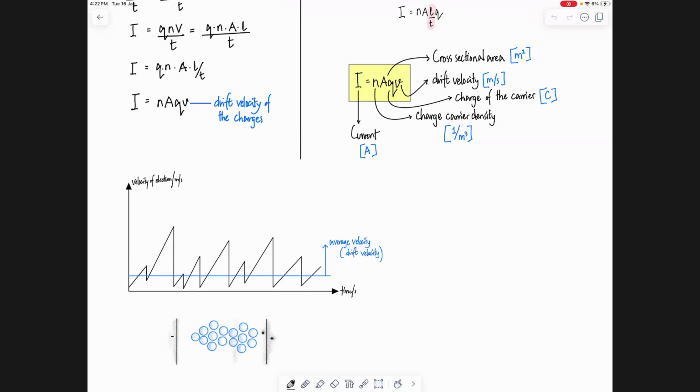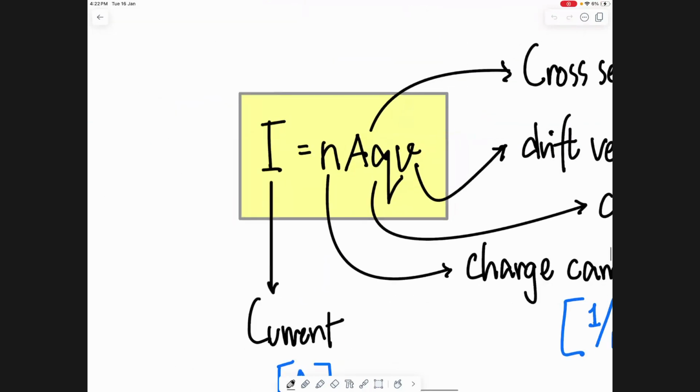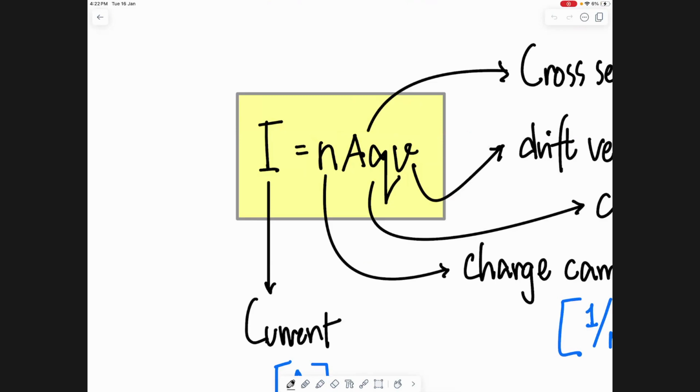So these are the two definitions. I equals nAQv is kind of self-explanatory. What if I increase my n? It means I have more charge carriers. More charge carriers means more charge would flow, and more charge flowing means more current. So if n increases, I increases. If A increases, I increases. If the cross-sectional area increases, I don't know if you remember from A levels, resistance: imagine a very narrow pipe and now a very wide pipe.